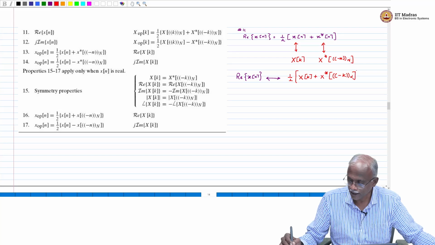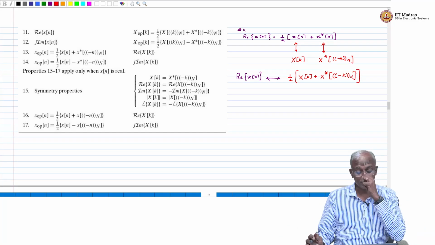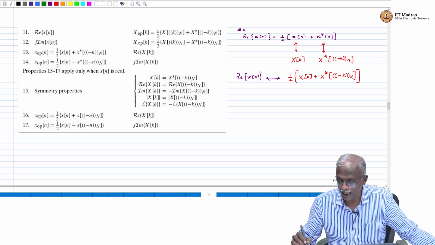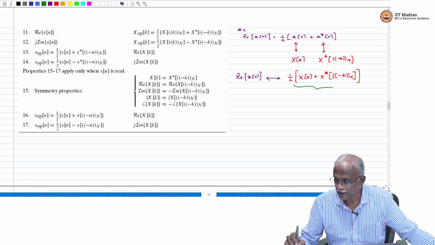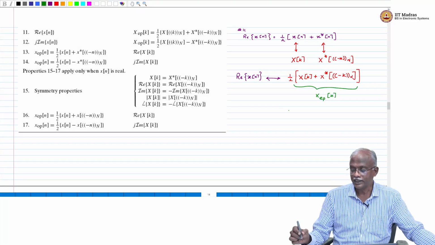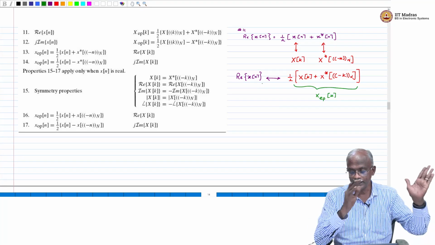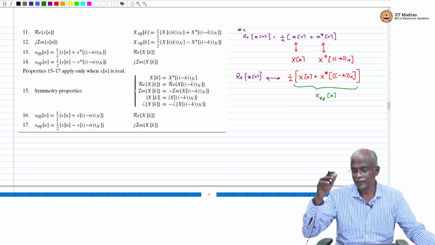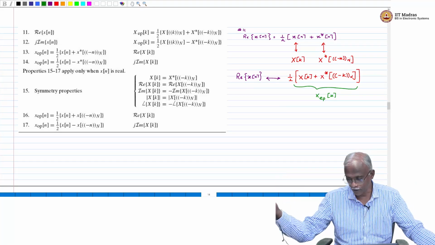At the end of the day, this is minus k representation. So this can be viewed as the even part of x of k. Basically what we are showing is that the real part of x of n has got a mapping onto the even part of k.